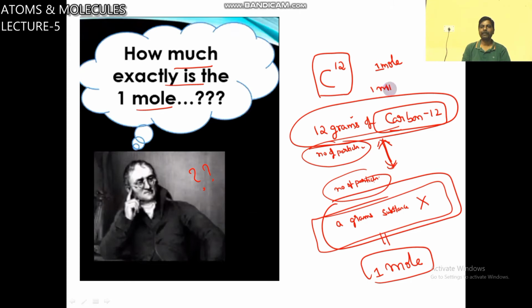Similarly, 1 mole means 12 grams of carbon, and 1 mole means A grams of substance X.